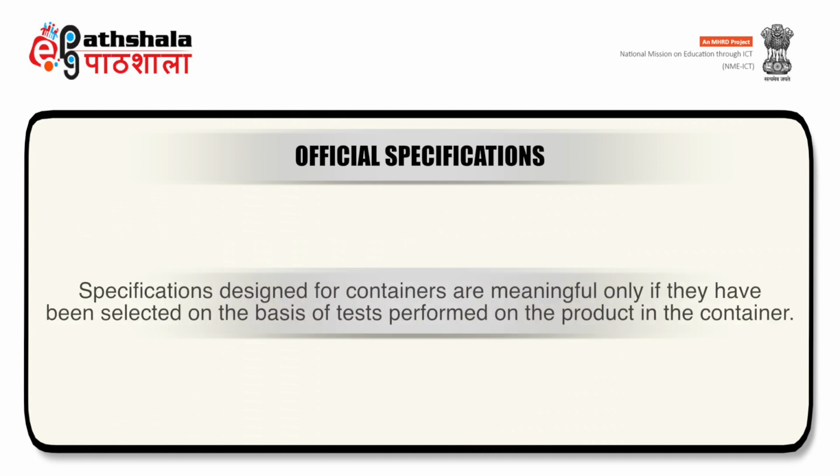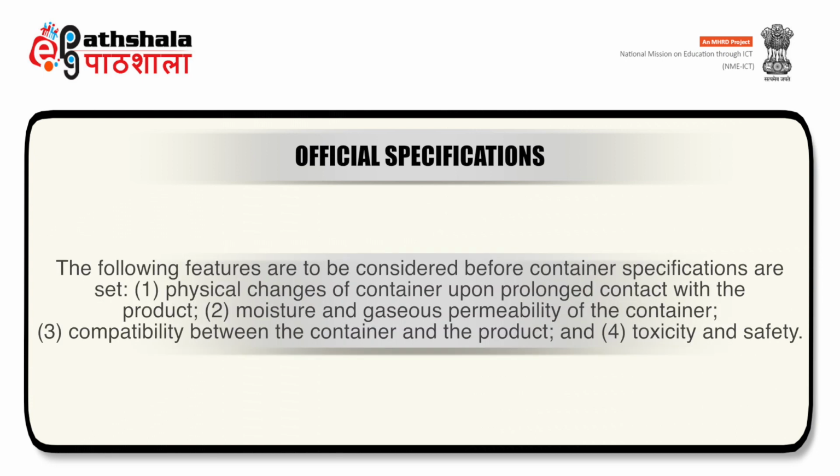Specifications designed for containers are meaningful only if they have been selected on the basis of tests performed on the product in the container. Certain features are to be considered before container specification, which include physical changes of container upon prolonged contact with the product, moisture and gaseous permeability of the container, compatibility between container and product, and toxicity and safety.